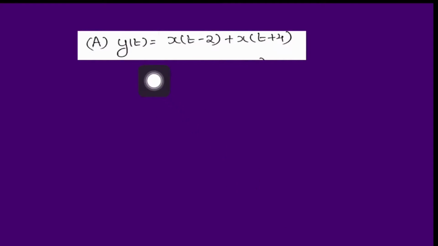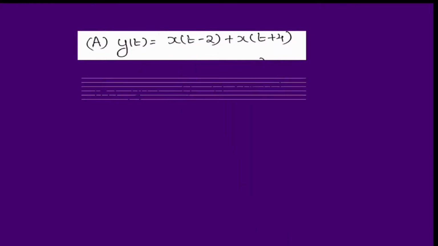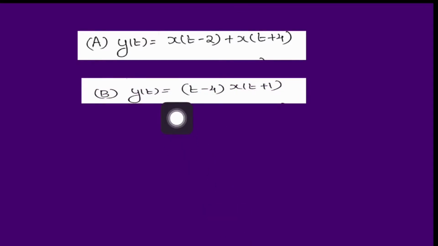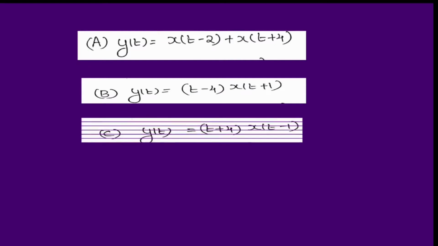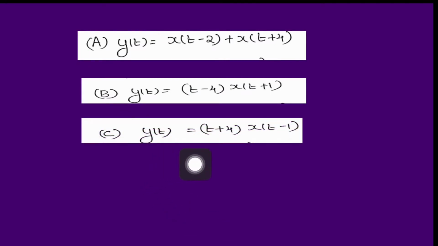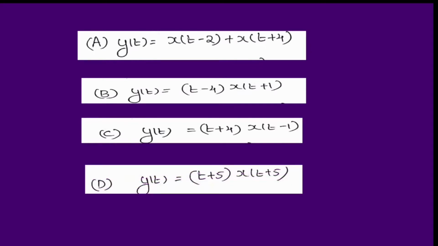Four options are given. Option A, y of t is equal to x of t minus 2 plus x of t plus 4. Option B, y of t is equal to t minus 4 into x of t plus 1. Option C, y of t is equal to t plus 4 into x of t minus 1. And option D, y of t is equal to t plus 5 into x of t plus 5.